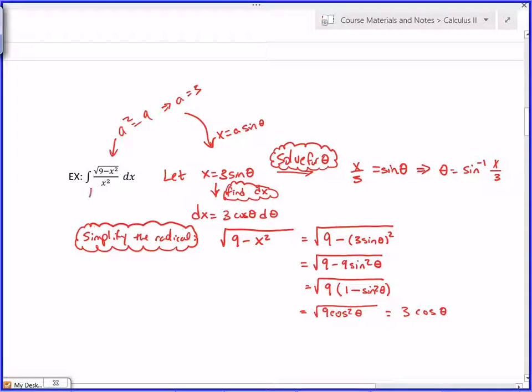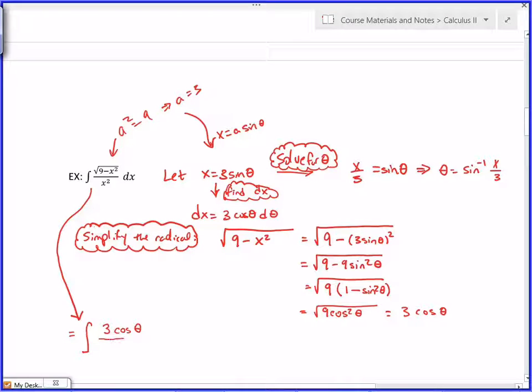So now we try the full substitution. We plug in for all the x's, 3 sine theta, and we plug in for the dx, 3 cosine theta d theta. So what does my integral now look like? The top, I've already simplified, is right, because the integral of square root of 9 minus x squared turned into 3 cosine theta.